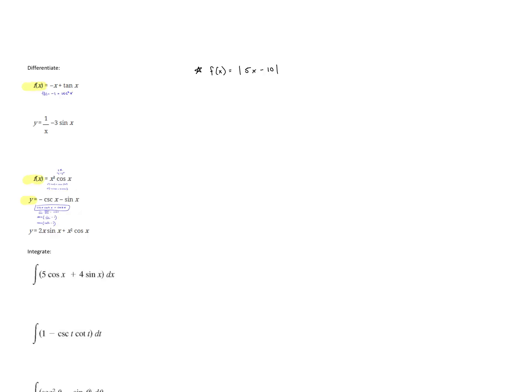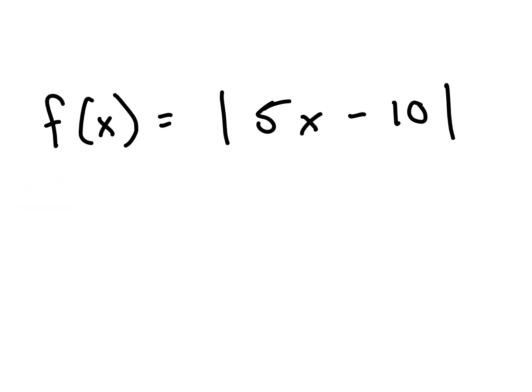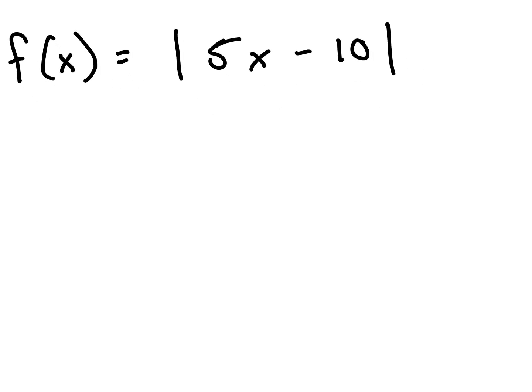I added another question here. To find the derivative of our absolute value, anybody remember how? The absolute value goes in the denominator, so we have the absolute value of 5x minus 10 in our denominator.